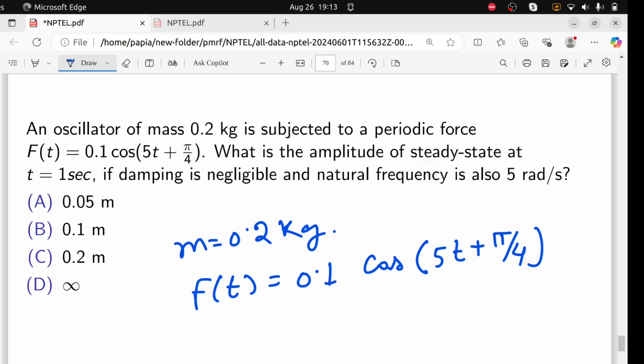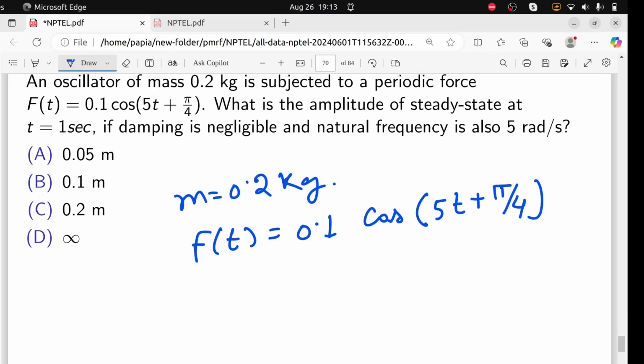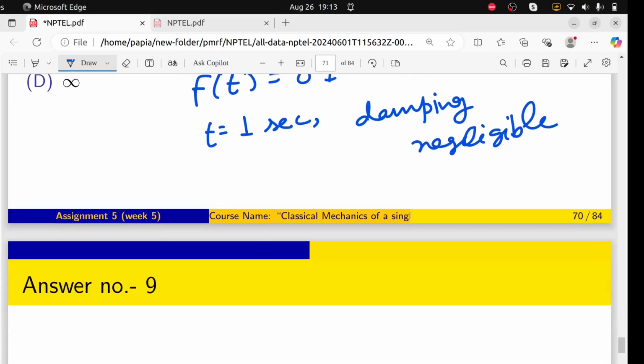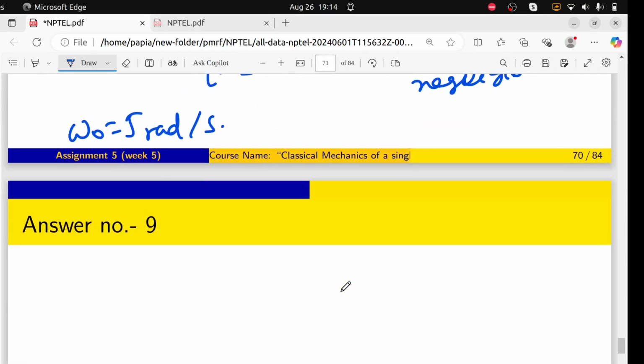What is the amplitude of steady state at t equals 1? And the damping is negligible, and the natural frequency is 5, that means omega 0 is 5 radian per second. Okay, so what are the things given here? You just need to write quickly. This is given.